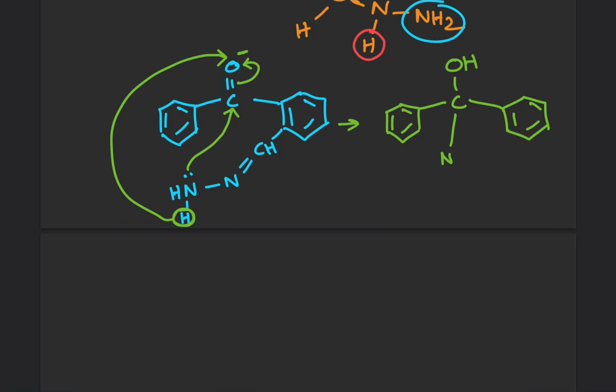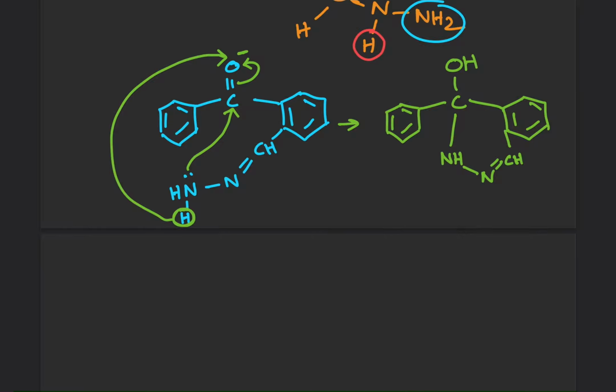It is connected to NH, which is connected to N, which is connected to double bond CH, and CH is connected to this. So you can see there is a six-membered ring: 1, 2, 3, 4, 5, 6.